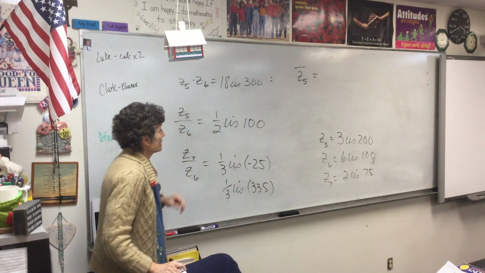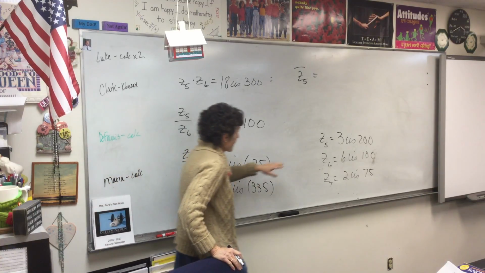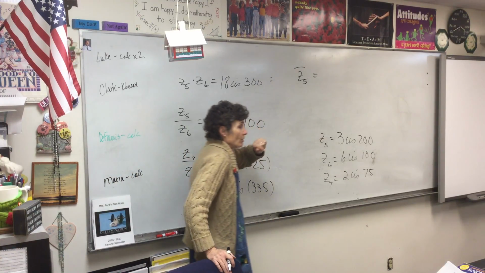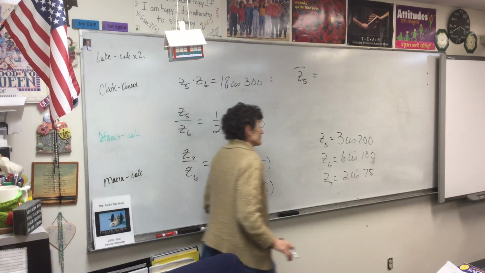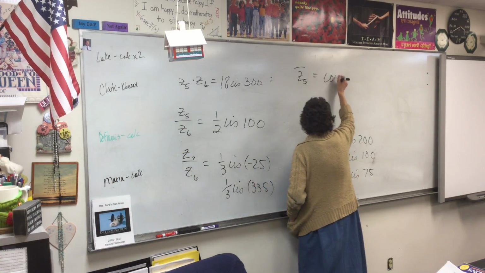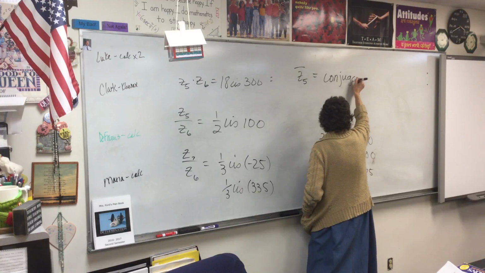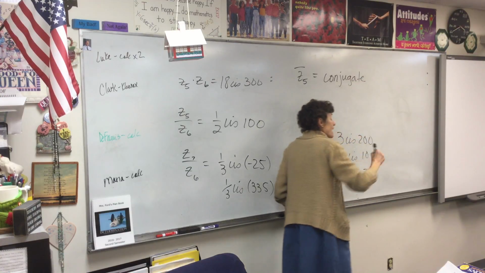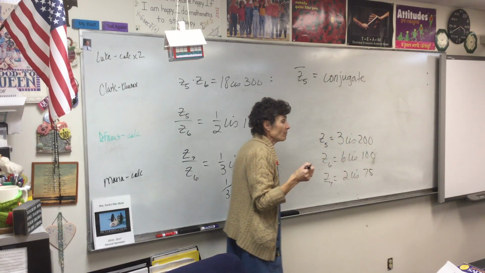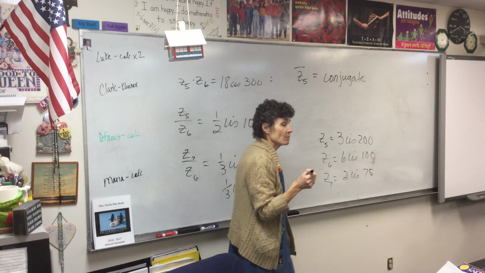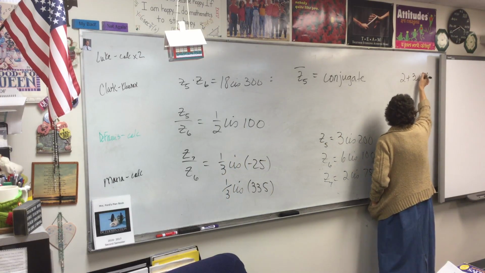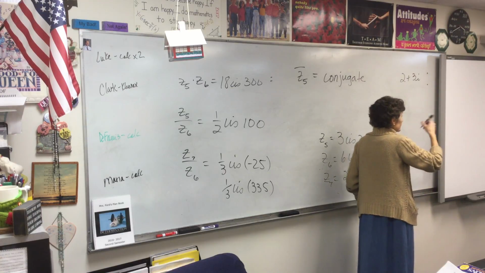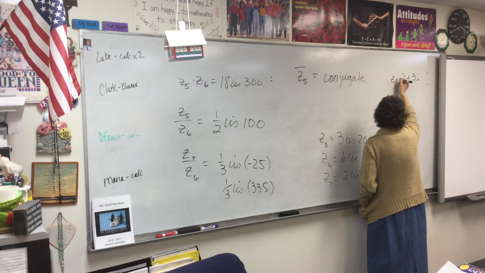Here we go. Z sub 5, which is right here, but with a bar over the top. The bar over the top is the notation for the conjugate. Now, when a number is written in rectangular form, like 2 plus 3i, this is Z sub 1 here.